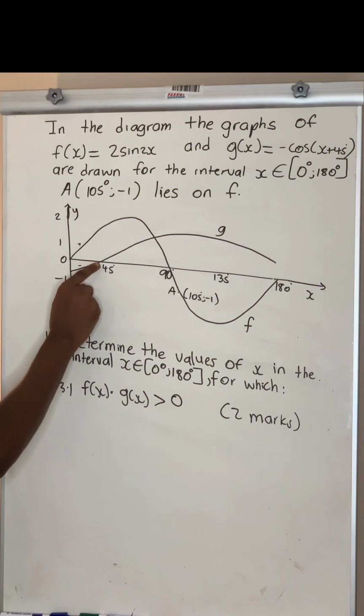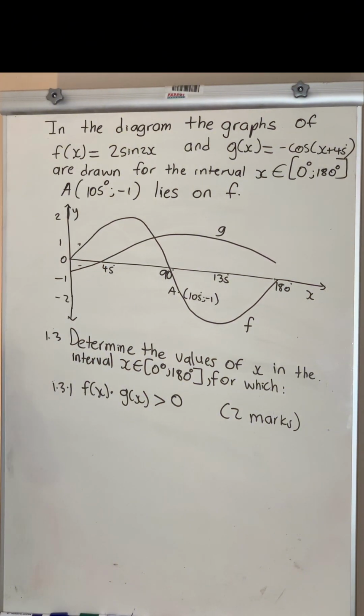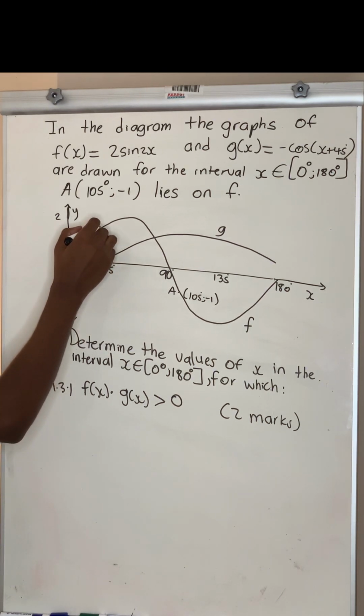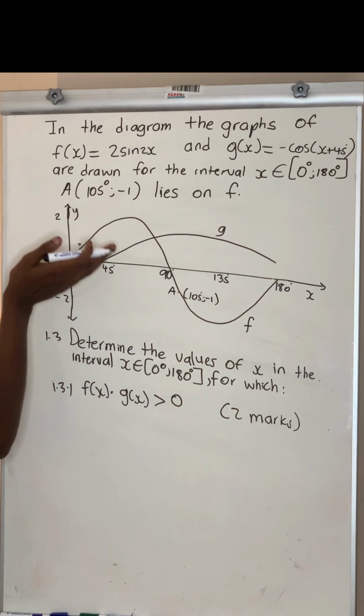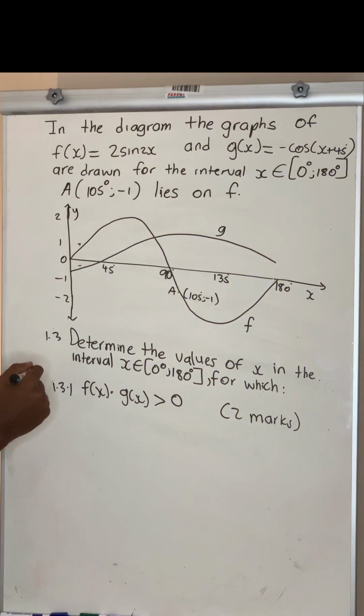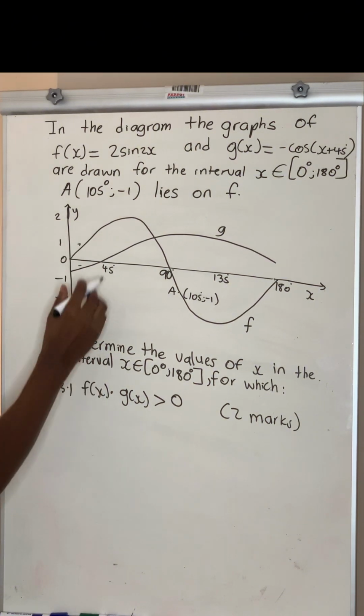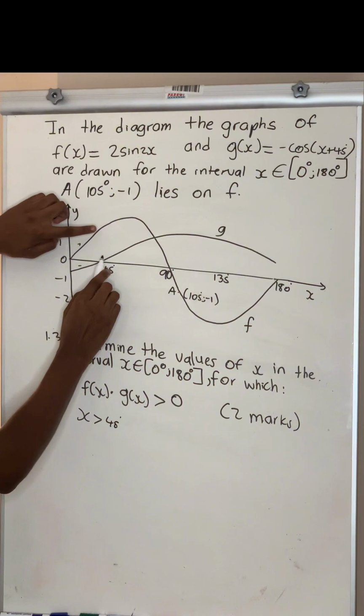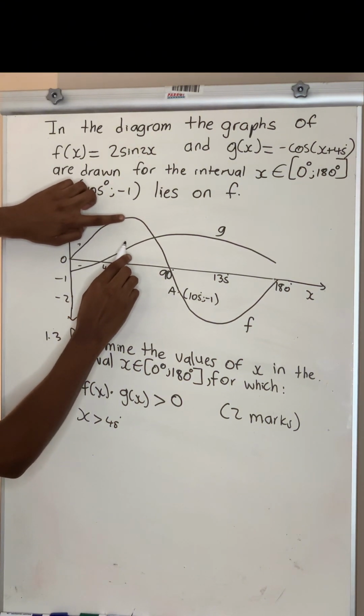Now let's carry on. When you reach 45 degrees, we can see that there's 0 over here, and then over here this function is above 0 also, so it's positive, which means it's going to start from 45 degrees. So x should be greater than 45 degrees. And then when you move along, both of these functions are positive.